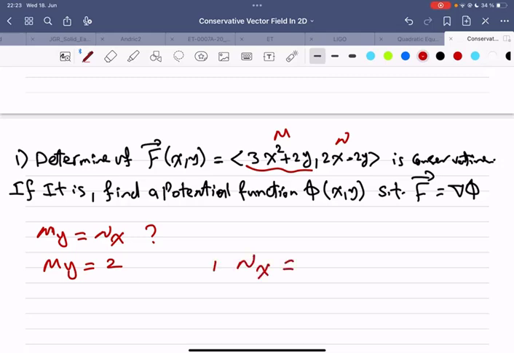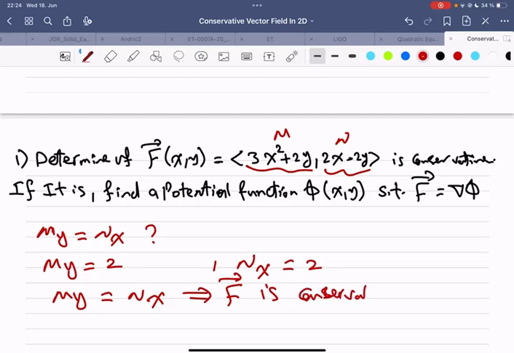N x, differentiate this according to x, it will give you 2. So since m y equals n x, f is conservative.